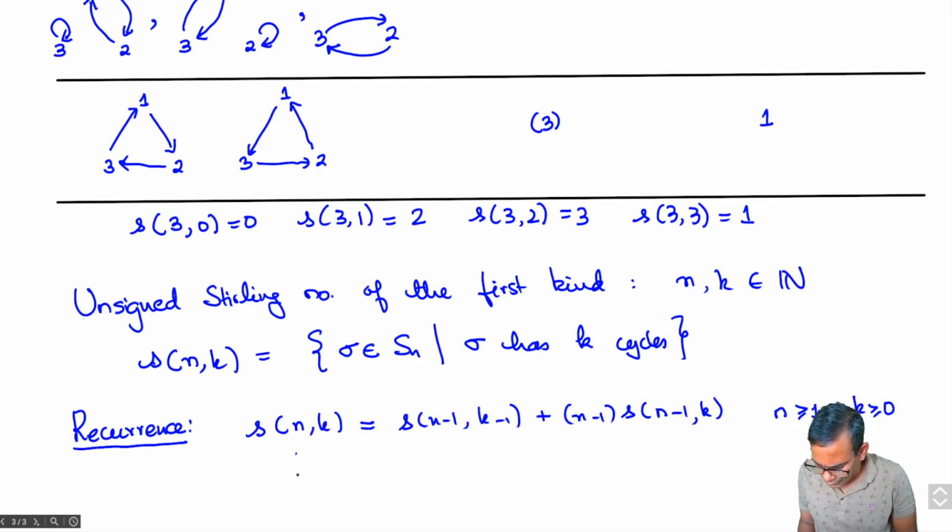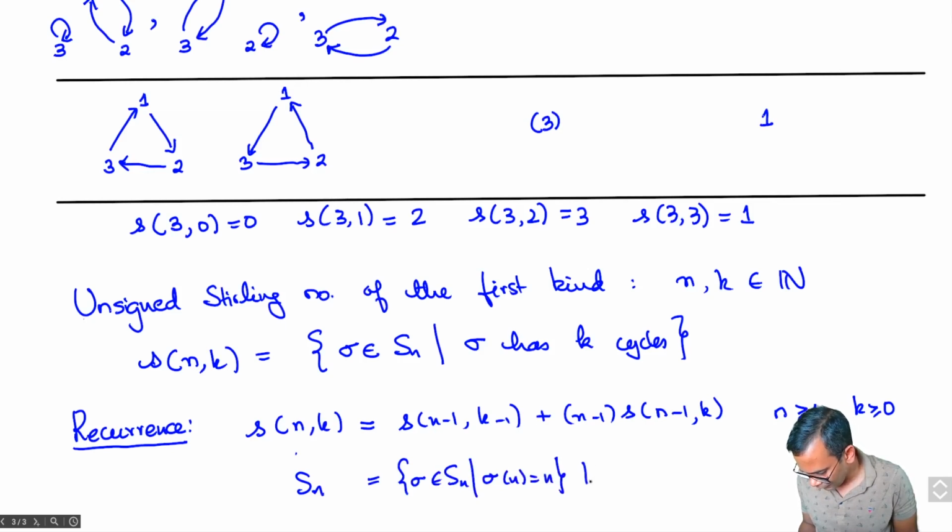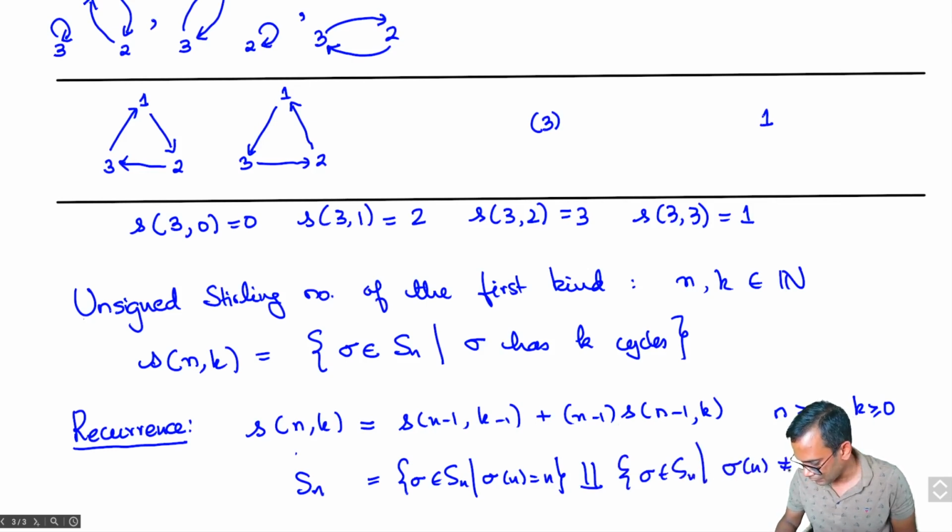Well, this counts all permutations in Sn with k cycles. This counts permutations in Sn, and this is a union of sigma in Sn such that sigma n is equal to n, and the second part counts sigma in Sn where sigma n is not equal to n.